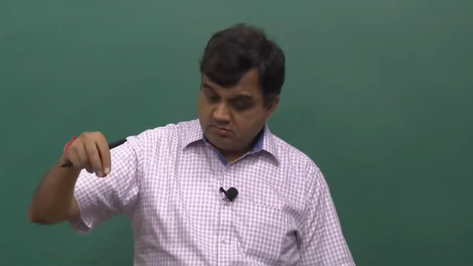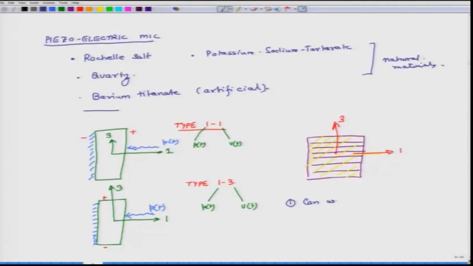Suppose you want to measure sound at the bottom of an ocean. If you take a regular microphone and put it at the bottom of the ocean, it will get crushed because it is hollow from inside, but these are solids. So, they can withstand very high pressures.